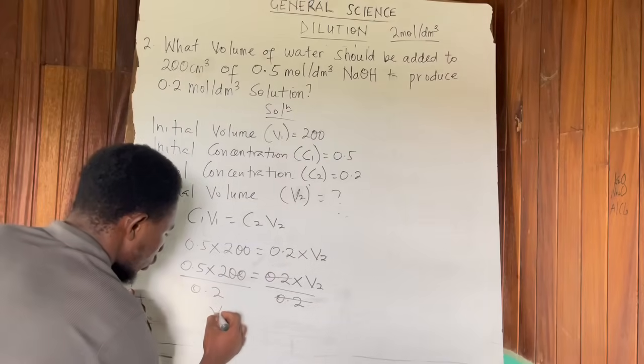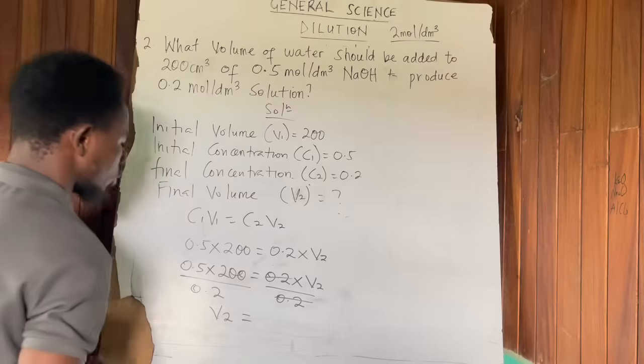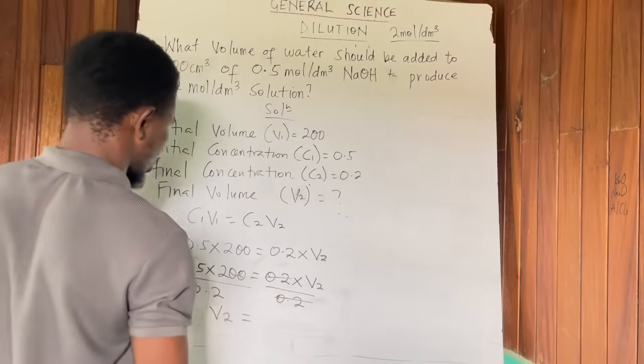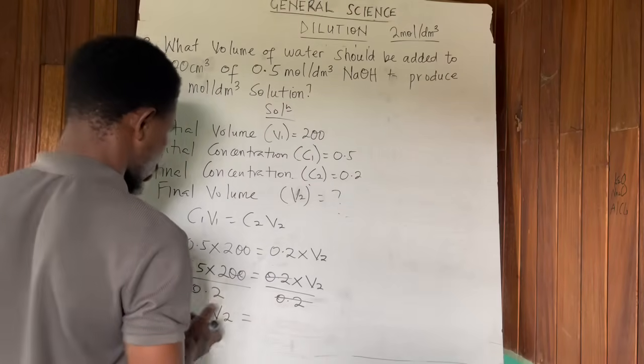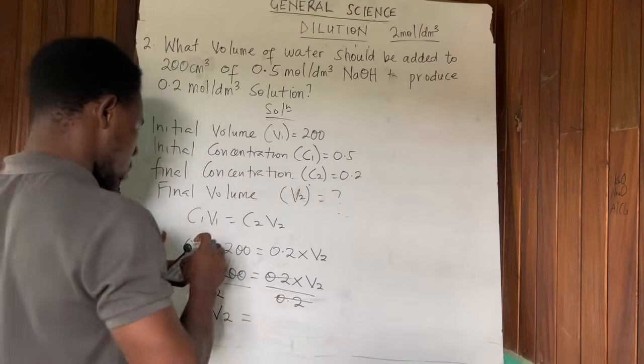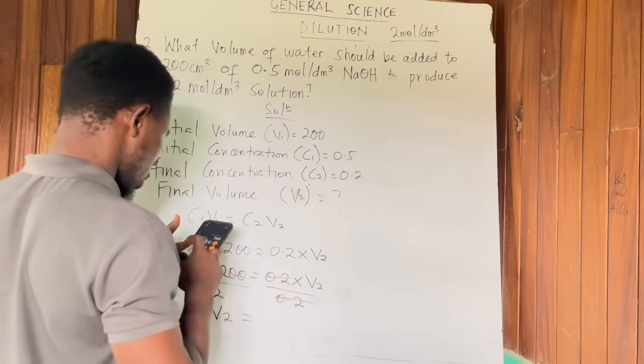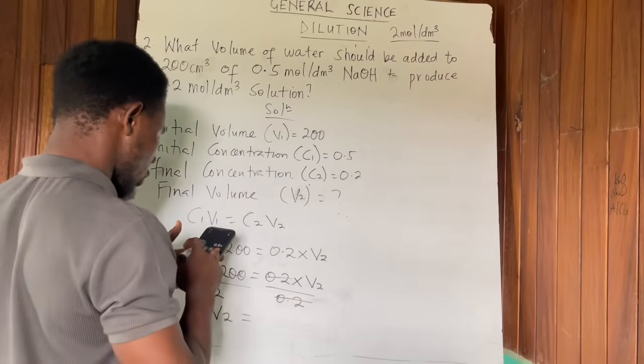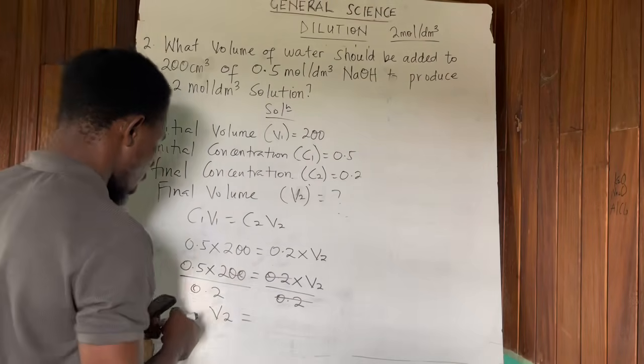Now our V2 will be equal to, let me punch 0.5 times 200 on my phone. 0.5 times 200, I get 100.